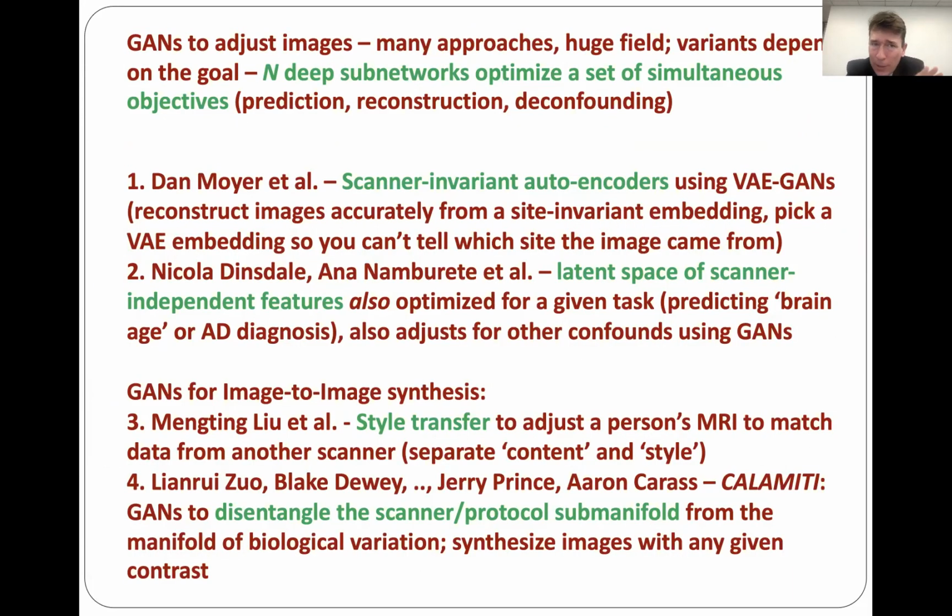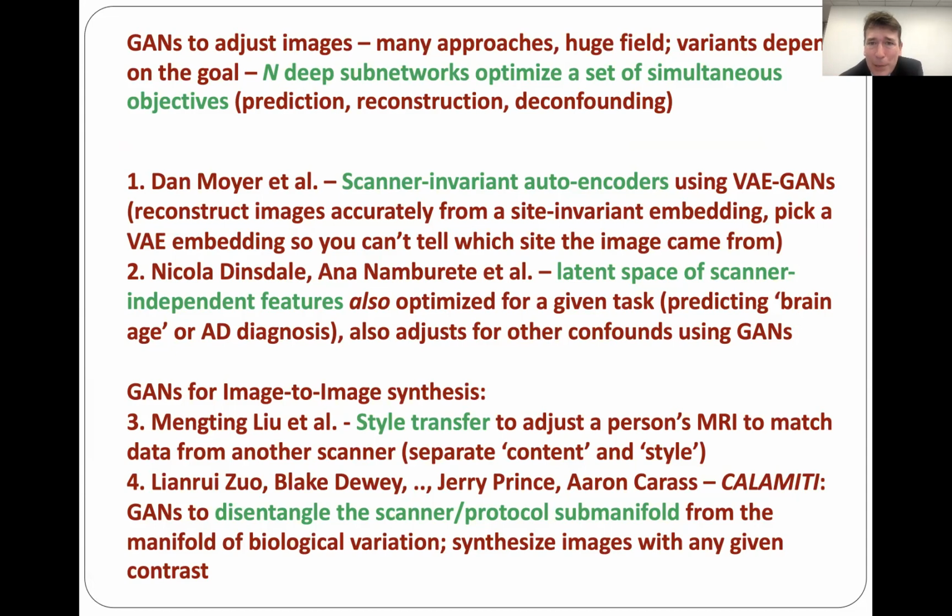So when you collect data at a new site, the performance of a machine learning algorithm may be catastrophically reduced because the contrast of the new scans differs. So there are a lot of methods that use GANs that adjust brain images in particular to optimize the overall performance on a task. It might be a prediction or diagnostic task.